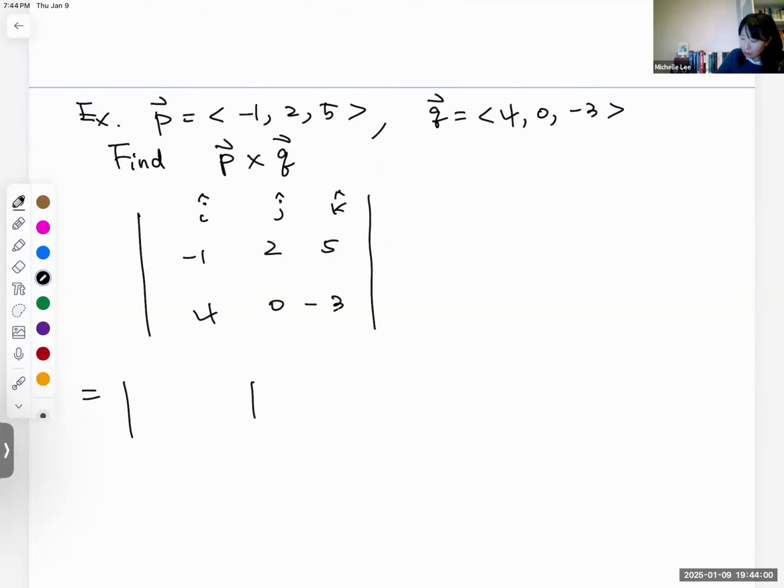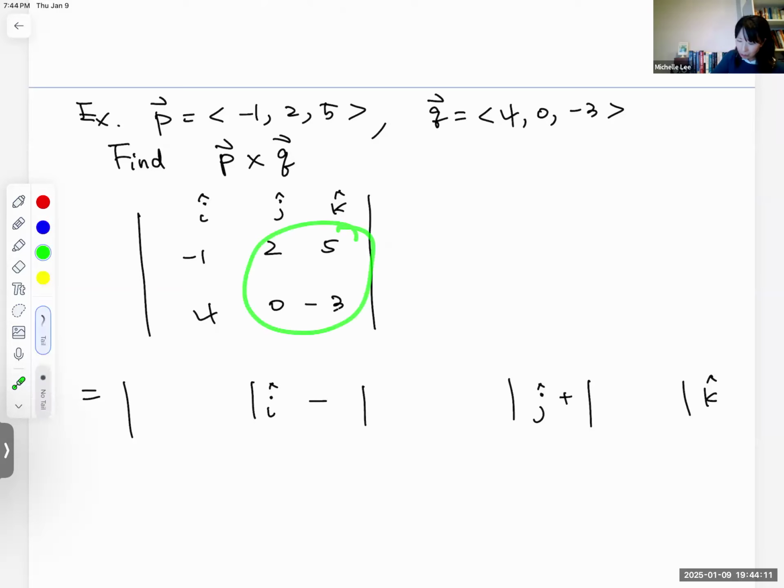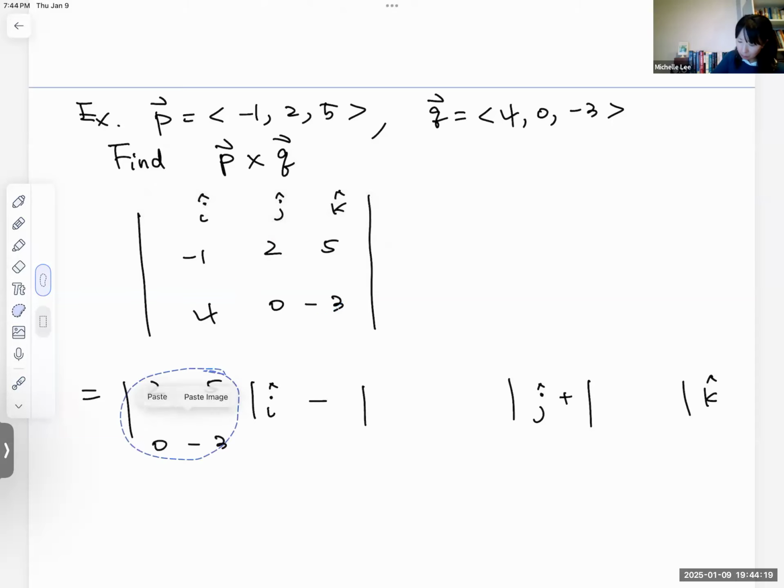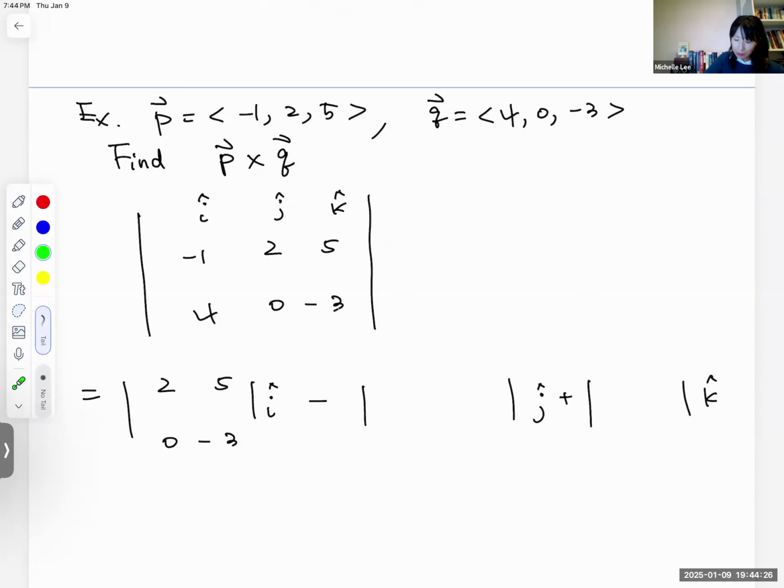Then, i minus j plus k, right? Okay, we're using only this number. So let's do it. Copy, paste. Good. And then j, we are using this number, right? So that will be negative 1, 5, 4, negative 3.